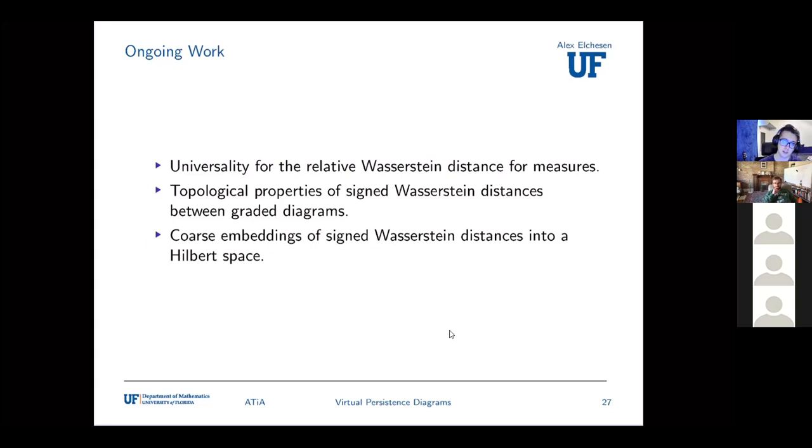So maybe a weighted sum, in other words, distances of this form, where you take a weighted sum of the one-Wasserstein distances between the corresponding graded diagrams. So we think that by choosing the C sub k carefully, we can actually get better topological properties.